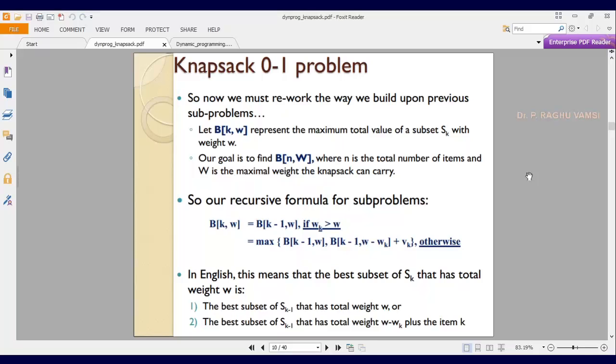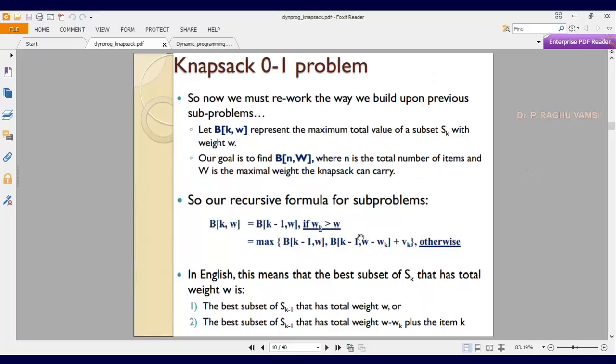So in that case, we are going to consider only the previous item weight, then move forward. Otherwise, the maximum of b of k minus 1 comma w, and b of k minus 1 comma the previous weight minus the current weight, plus the value of the current item, whichever is maximum, that value we are going to consider and move forward.